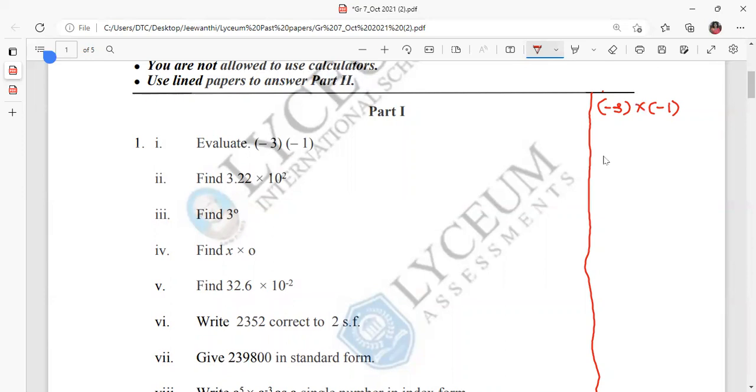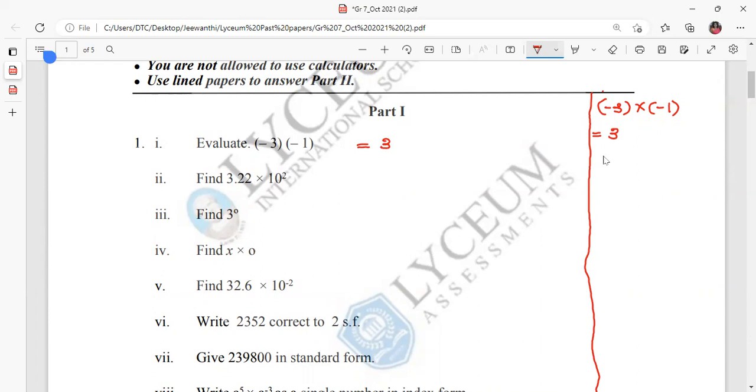You should know that. That is what they are testing with this question, whether you know that concept or not. -3 multiplied by -1. 3 multiplied by 1 is 3. A negative multiplied by a negative number gives you +3. So I put the equals sign here and I write the answer 3 here.